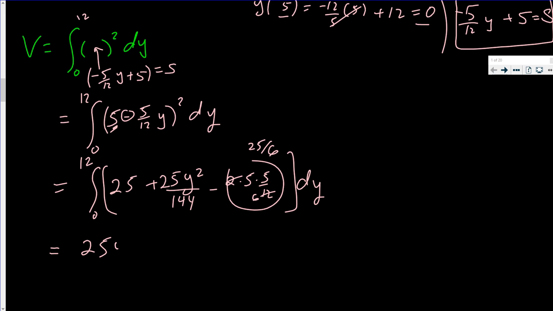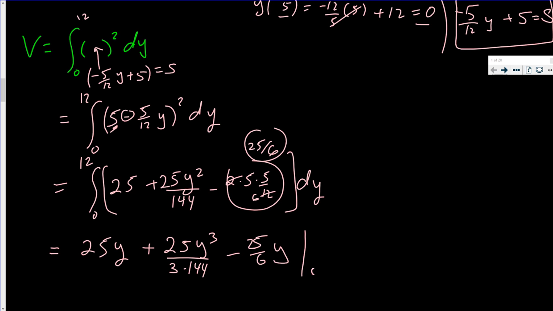Integral of 25 is 25y plus 25y cubed over 3 times 144. I hate multiplying out, because maybe we can reduce. Minus 25/6 times y, and y goes from 0 to 12.